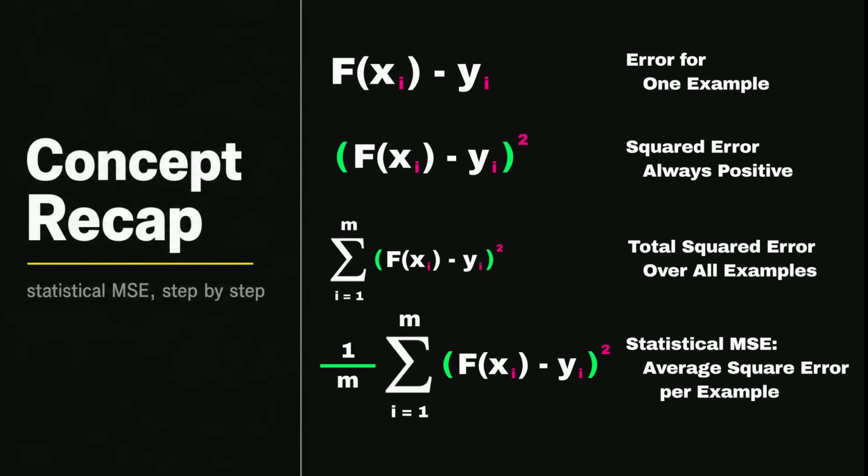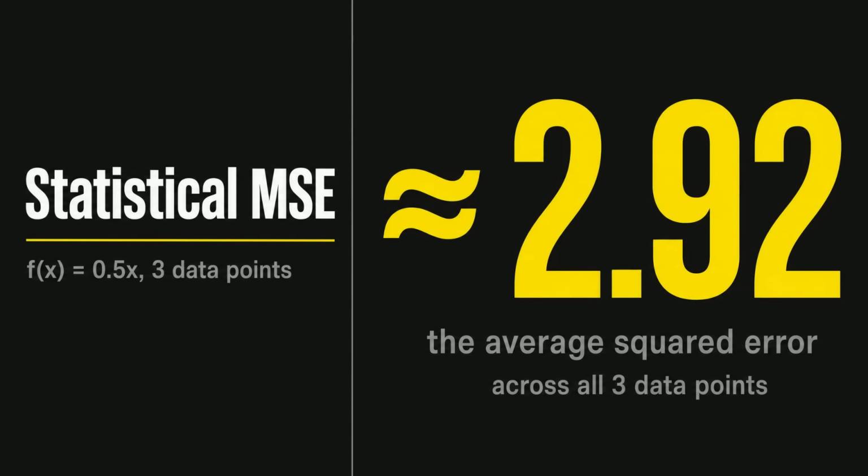Then we come to our statistical mean squared error, which is 1 over m with the sigma, the m up top, and i equals 1 at the bottom, and our error formula. The true average squared error per example is the statistical mean squared error. For our tiny dataset, that statistical MSE is about 2.92.